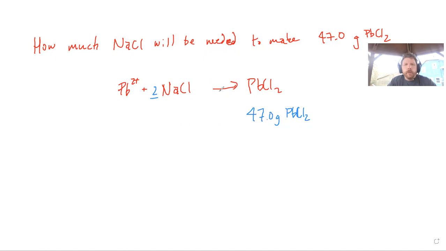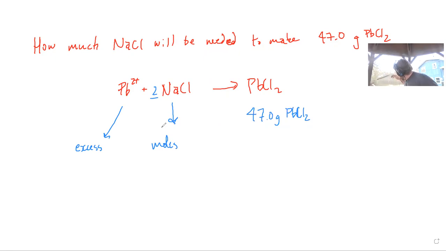Now, what else do we know? We know that we have a balanced chemical reaction, but what we want to know is the number of moles of NaCl. We also know that we have excess lead ions.